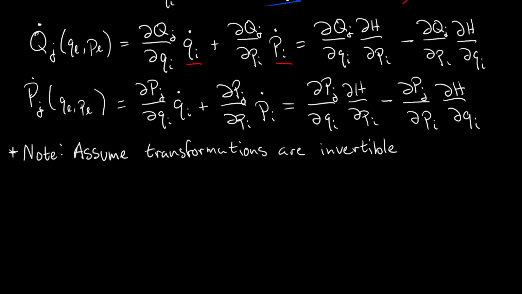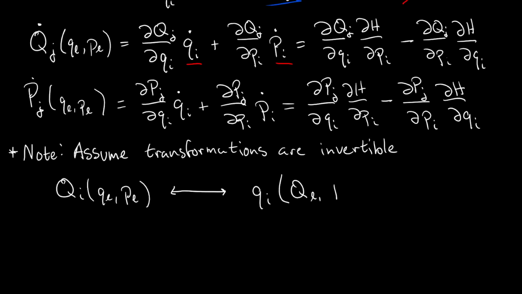What does that mean? That just means that I can both write, say, q sub I as a function of little q sub L, little p sub L, but I can invert this so that I can write my old coordinates as a function of my new coordinates.